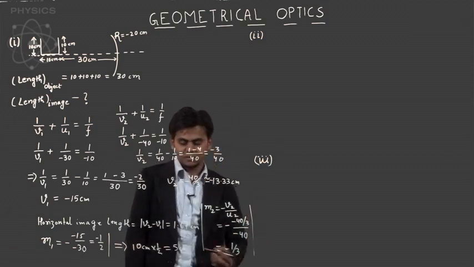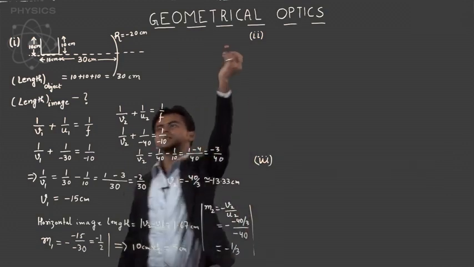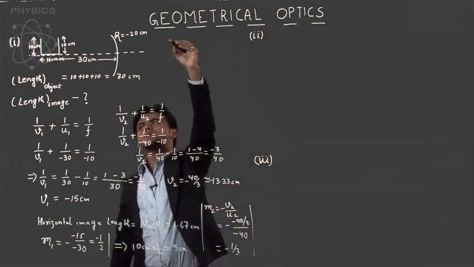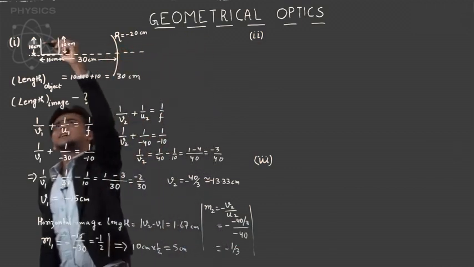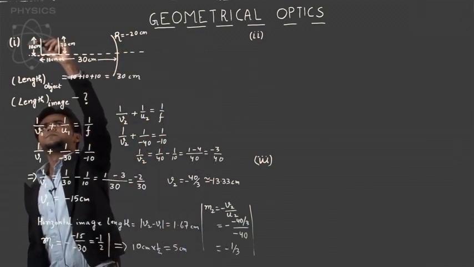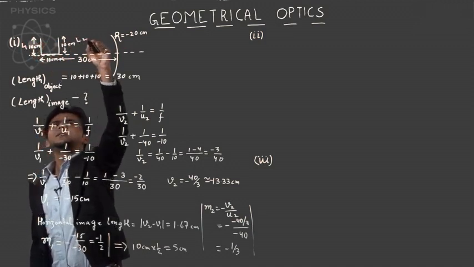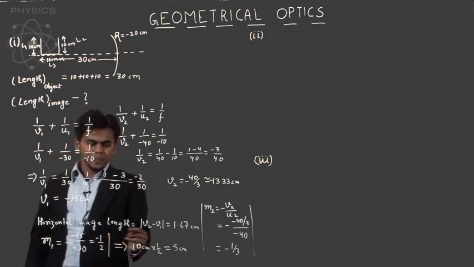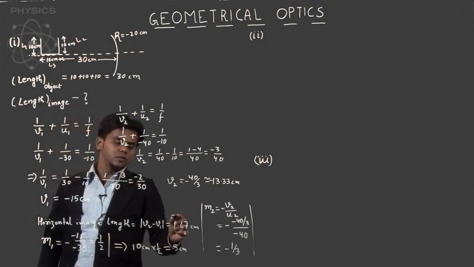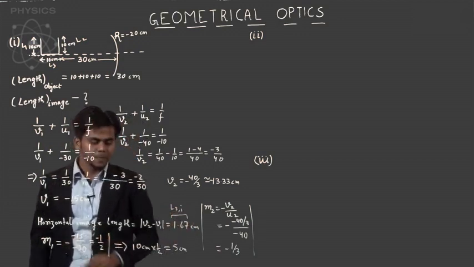So this implies that the other length, I'll just write this thing down over here. Let's write this as L1, this is L2, this is L3. So this gives you the L3 image length.